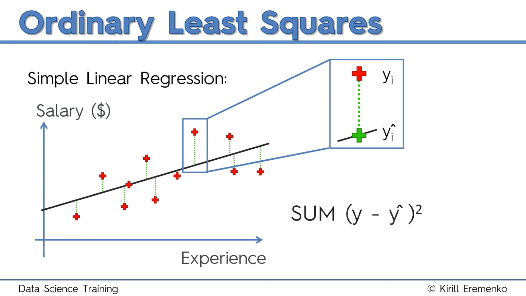Now, to get this best fitting line, what is done is you take each one of those green lines, or those distances, you square them, and then you take the sum of those squares. Once you have the sum of the squares, you've got to find the minimum. So basically, what a simple linear regression does is it draws lots and lots of these trend lines.